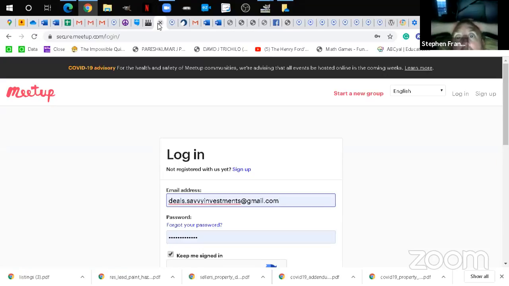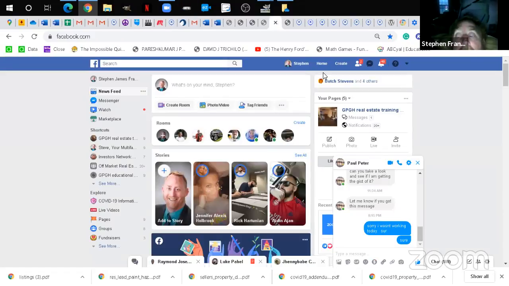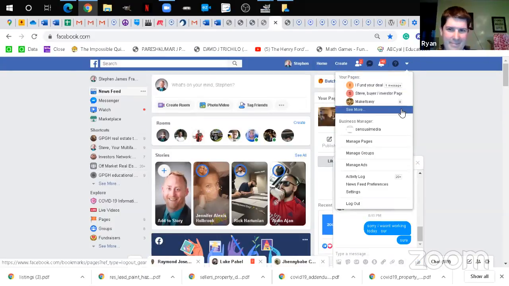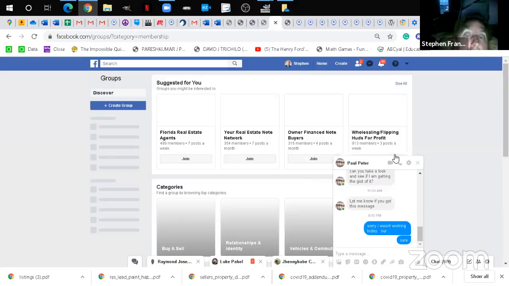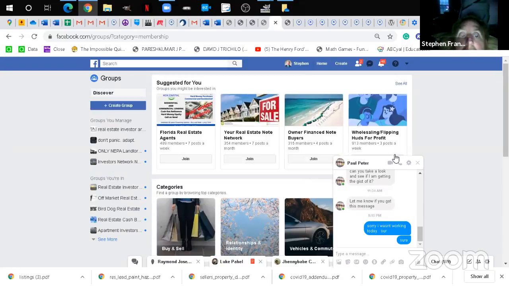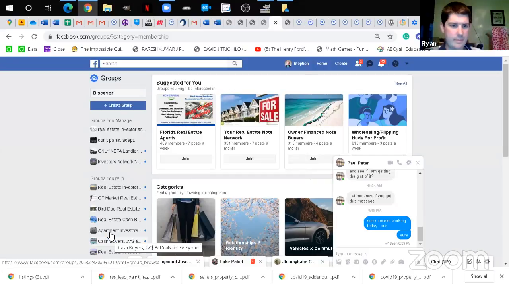And last but not least, there's two other categories. There's Facebook Marketplace and Facebook Groups. The wholesaler groups, if you look at my groups, it's absurd how many groups I'm in. It literally takes me an hour and a half to post, if I've pre-written it, to all the real estate groups I'm in. Wow.